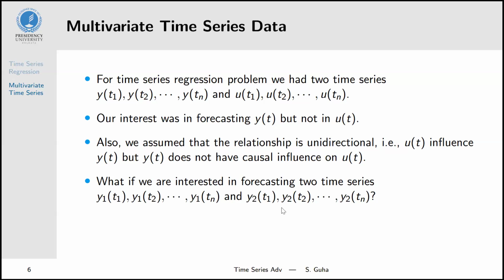For example, if you are interested in forecasting two time series, the first one is the monthly expenditure in the coming years for a typical Indian, and the monthly income in the coming years for a typical Indian, like that. In that case, we are interested in forecasting both of them, so we don't use a time series regression model.